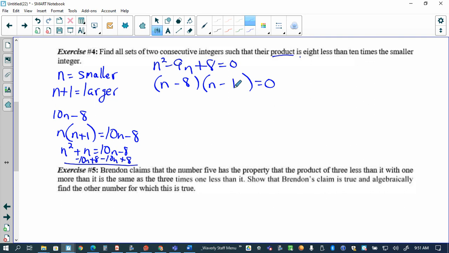So we get n minus 8 equals 0, or n minus 1 equals 0. What does n equal here? n equals 8.